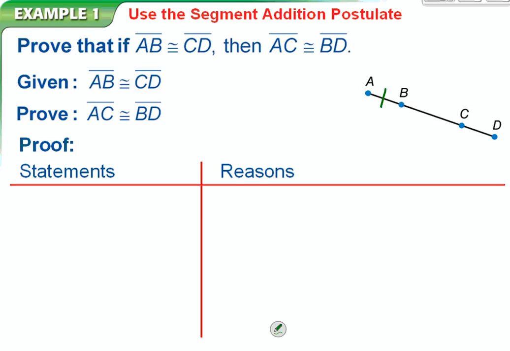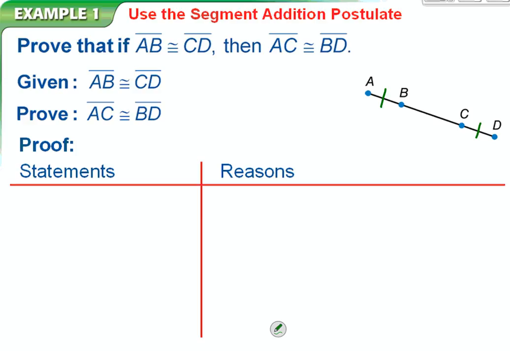Yesterday in all hours, because this recording is for all hours, we said that since segment AB was congruent to segment CD, we'd mark that on the picture. So it should be marked from yesterday. If not, go ahead and mark it now. If you remember, we always do this same first statement, and we'll switch that up a little bit in the next one.